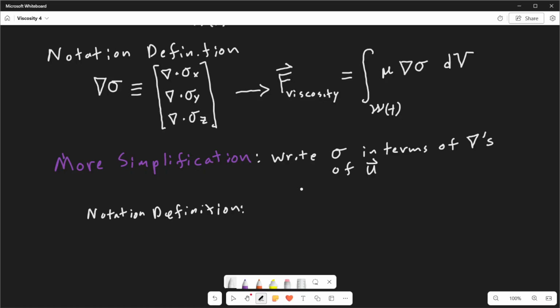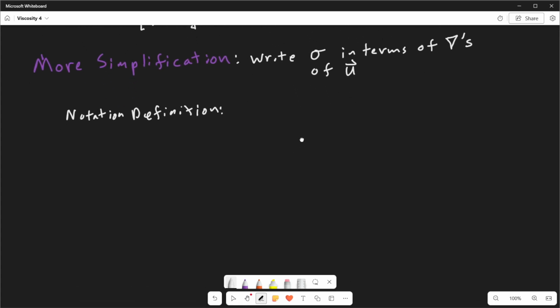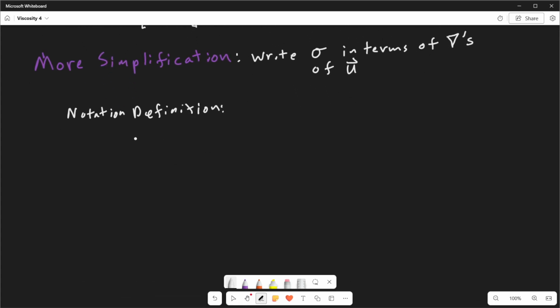Yet again, this time it's with u, and the gradient of a vector u is going to be defined as the following: the gradient of its x component, the gradient of its y component, and the gradient of its z component.